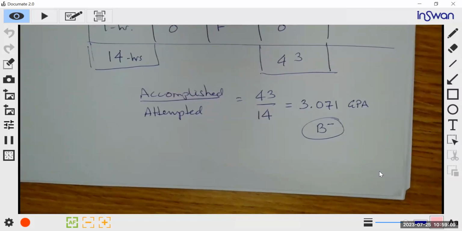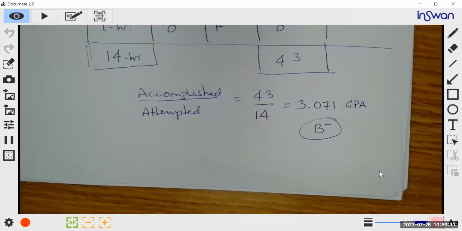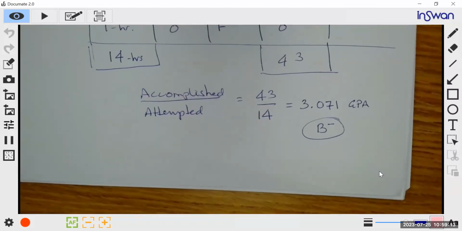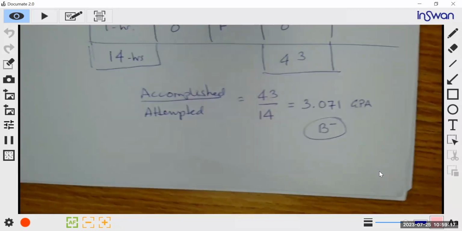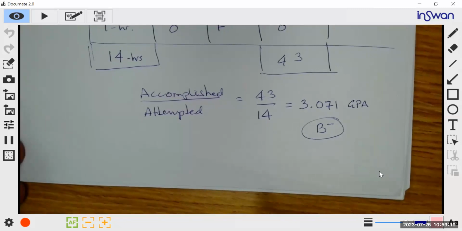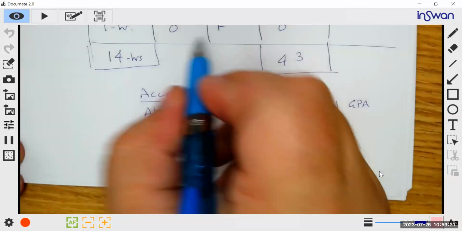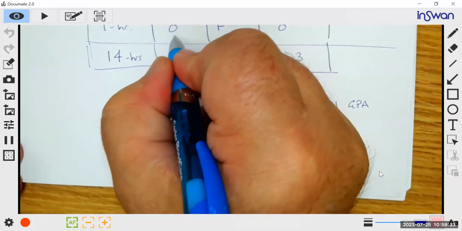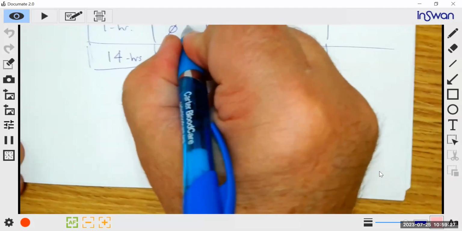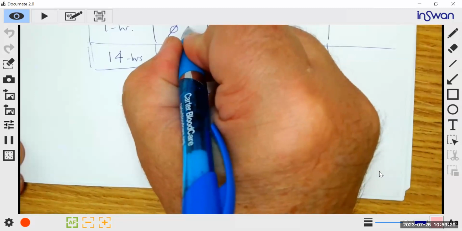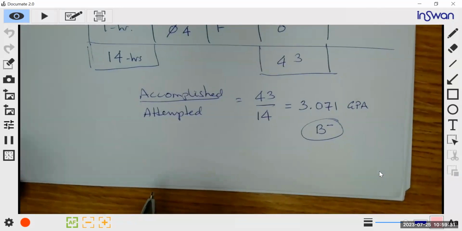For giggles and grins, let's give her an A for her PE class. Unlike me, she could climb that rope in PE class. So let's try again now with an A in PE. So you got 4 points there.